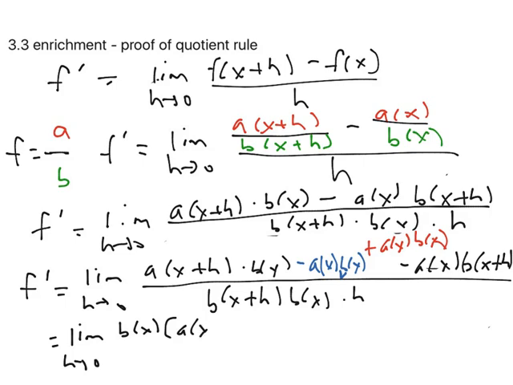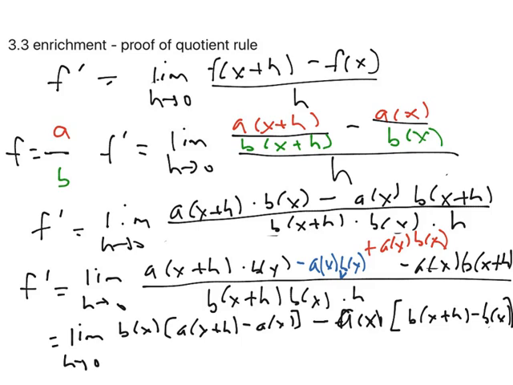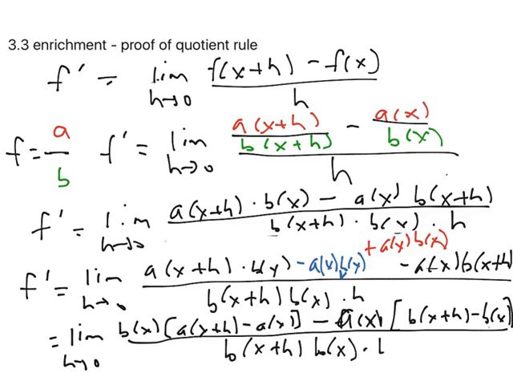Then I have b of x times a of x plus h minus a of x, minus, I factor out a of x, minus a of x times b of x plus h minus b of x. All of that is over b of x plus h, b of x, h.